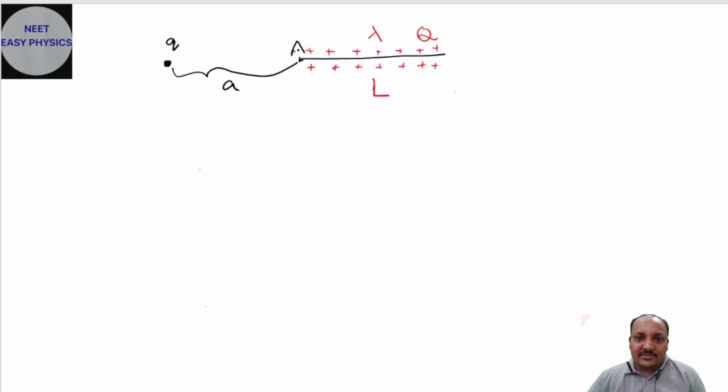Let us assume AB is the linear charge wire. Then what is the force between this point charge and this wire?